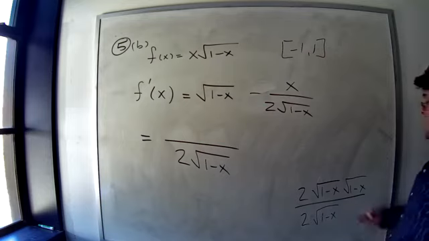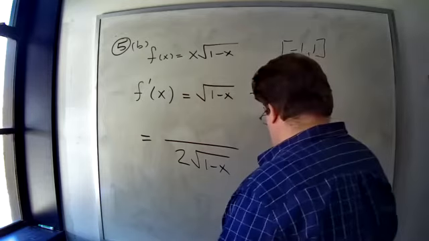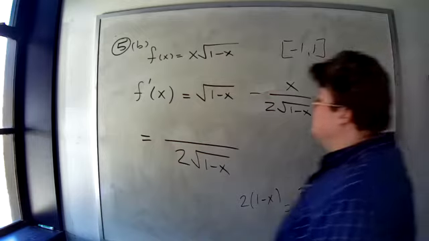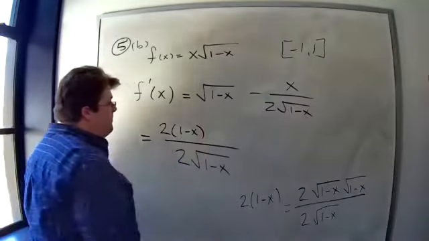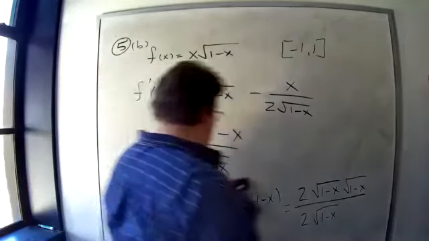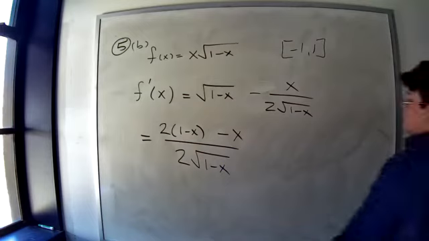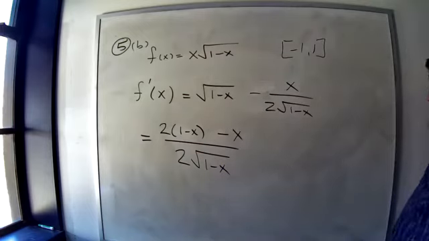Notice the numerator simplifies to what? Just 2 times 1 minus x. And this other side already has that on its denominator, so we just need that -x.